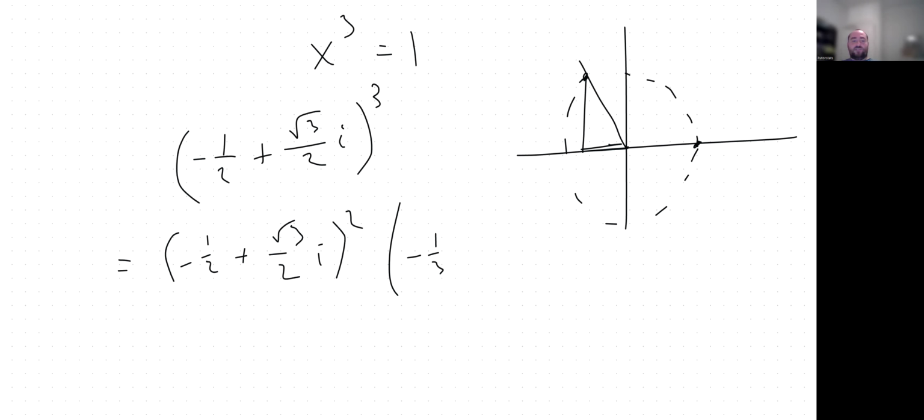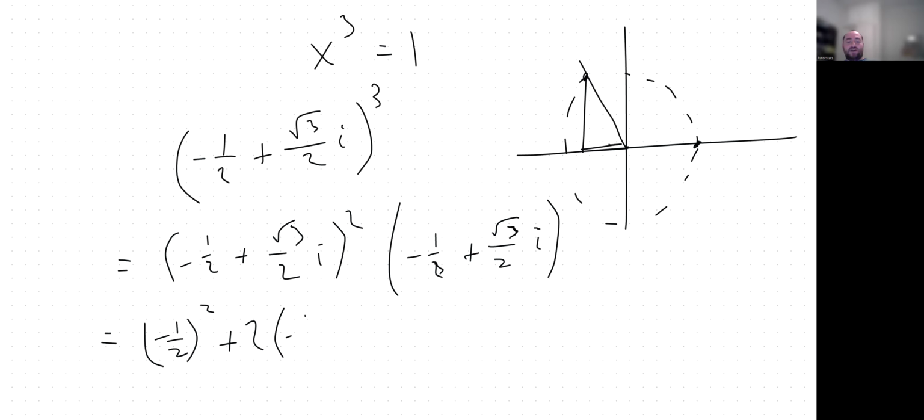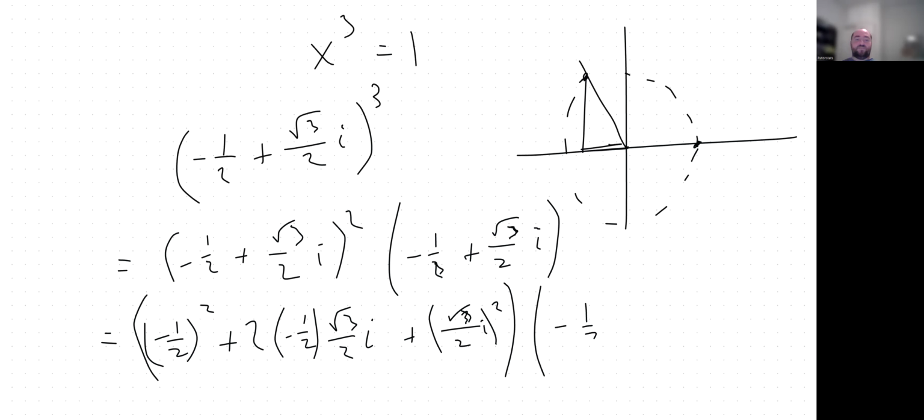Okay? And when we square it, we get negative 1/2 squared plus 2 times negative 1/2 times square root 3 over 2 times i, plus square root 3 over 2i squared. And then we're going to take all of that, once we have it, and multiply by negative 1/2 plus square root 3 over 2i.